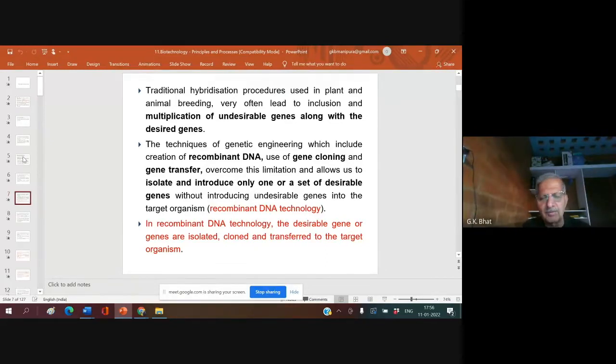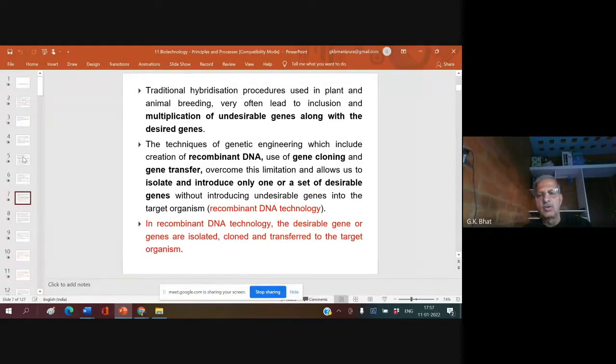Is it that we are going to have this hybrid to get the kicking cow? No. Simply I said, but what genetic engineering does is overcome the coming of undesired genes with the desired genes. So it overcomes this limitation and allows us to isolate and introduce only one or a set of desirable genes, without introducing undesirable genes into the target organism.